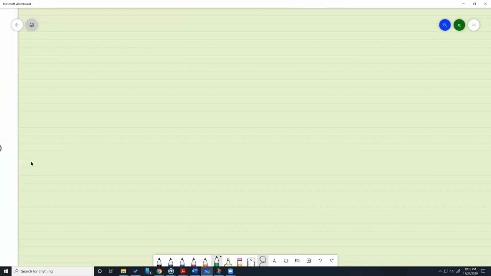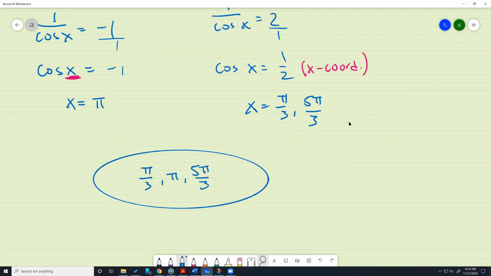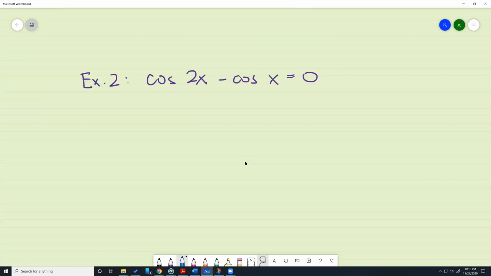So 2 more answers for this one, for a total of 3 answers here, in order: pi over 3, pi, and 5 pi over 3. Okay, let's go to another one.